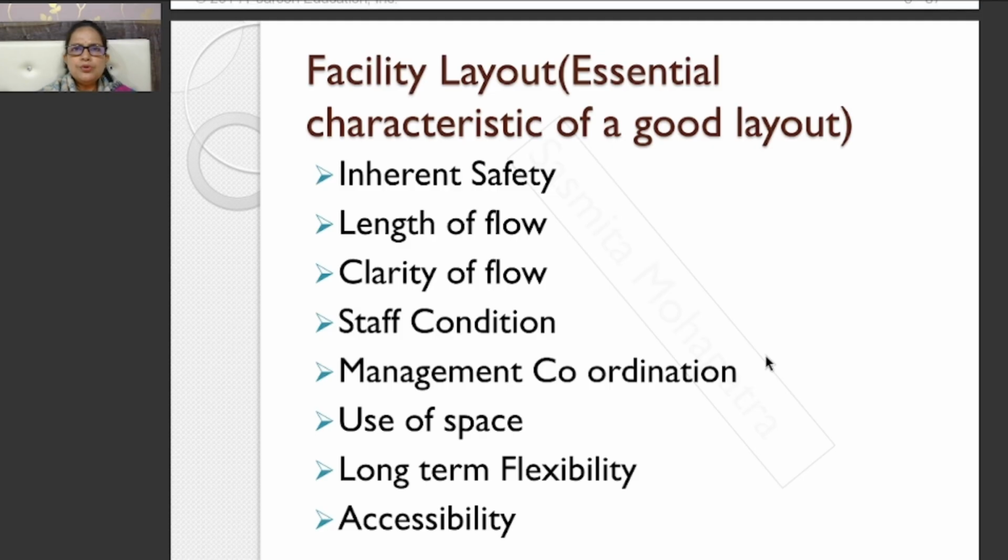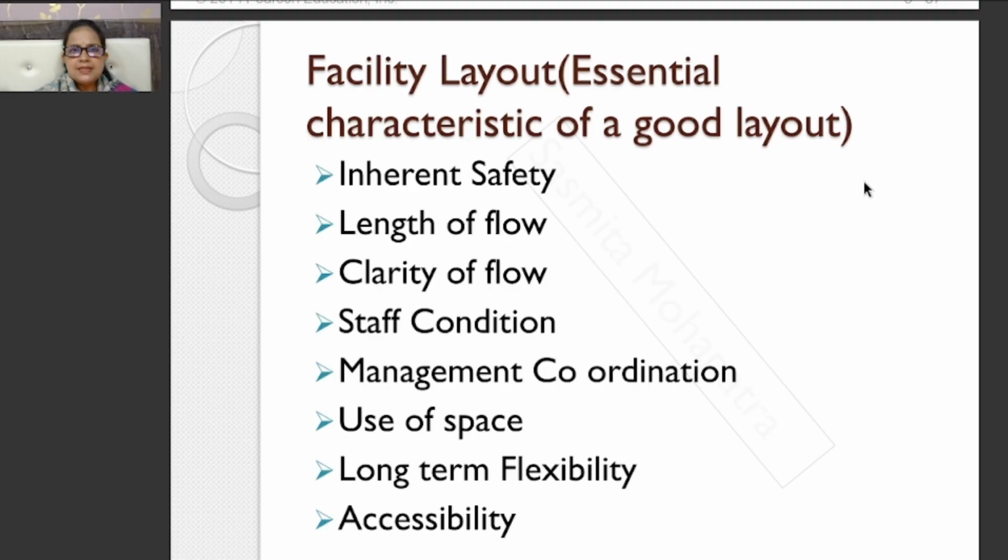Layout, we all know, is nothing but the blueprint of an organization, or of any service sector. So the blueprint, or the layout or design of the plant, is very important for cost minimization and flexible operation.